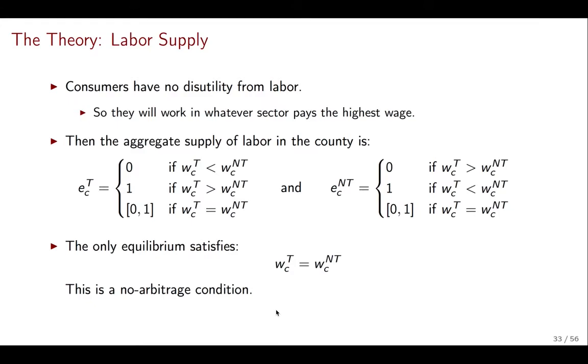Basically, if you can freely move between the two sectors, then the wages between the two sectors better be the same, because if not, people will try to only work in one of the sectors. And so the only result that can occur in equilibrium is that there is actually a single wage for every county. The wage does depend on the county though, but it doesn't depend on the sector.